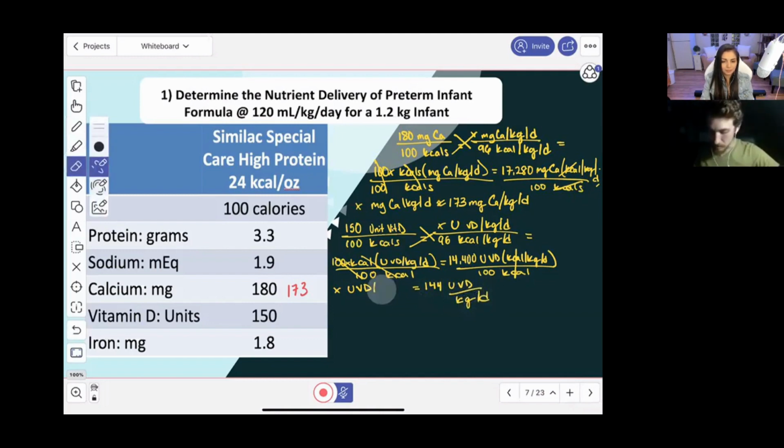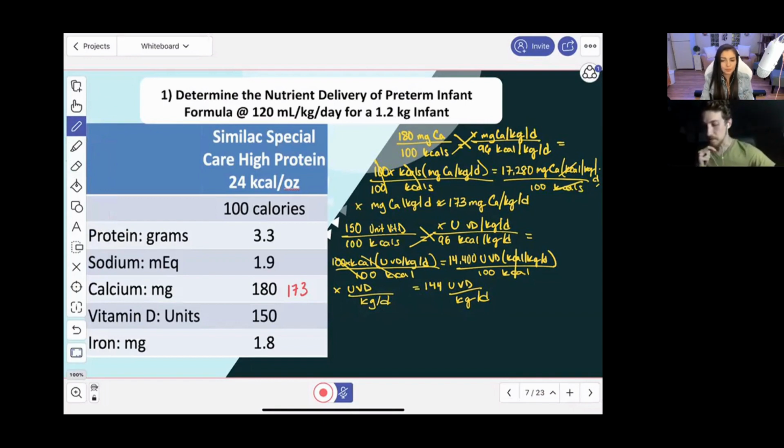So normally we would be done, but like I said before, there is one extra step, and that is that we have to convert this into units per day, because vitamin D is actually reported as units per day instead of units per kilogram per day.